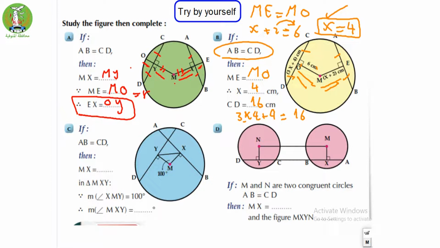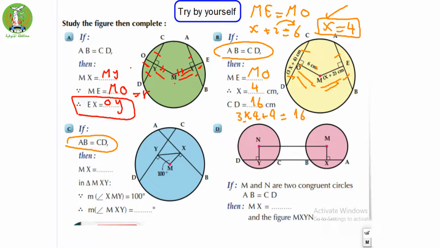The third figure here. If AB equals CD, two chords are equal in the circle, we deduce that the two distances are equal. But here, what are the two distances here?